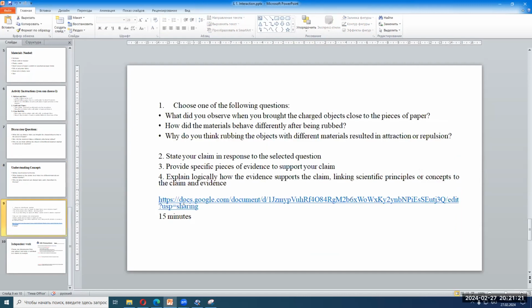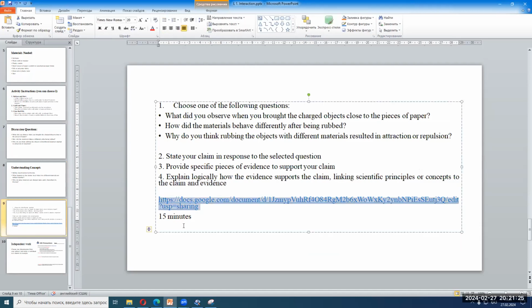It's working with a document. I will give you a link in the chat box. Please choose one of the following questions and state your claim in response to the selected question. Provide a specific piece of evidence to support your claim. Explain how the evidence supports the claim.